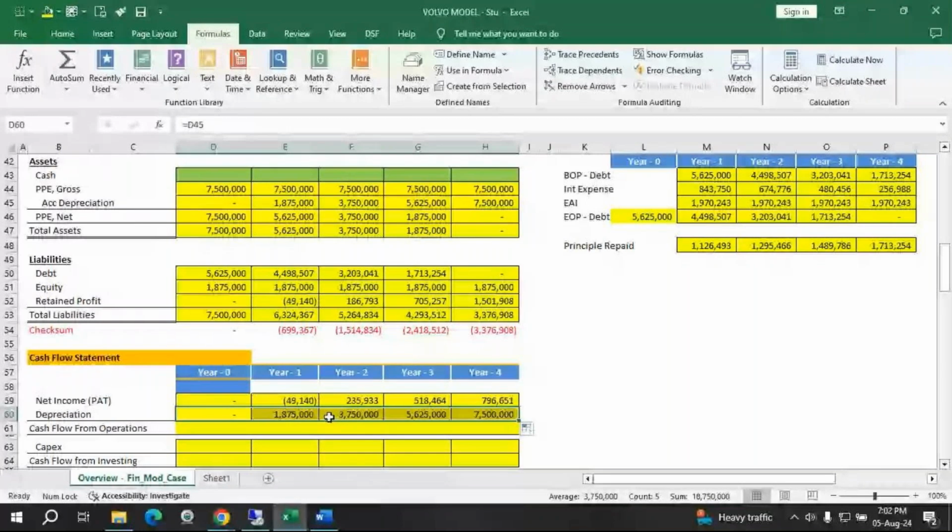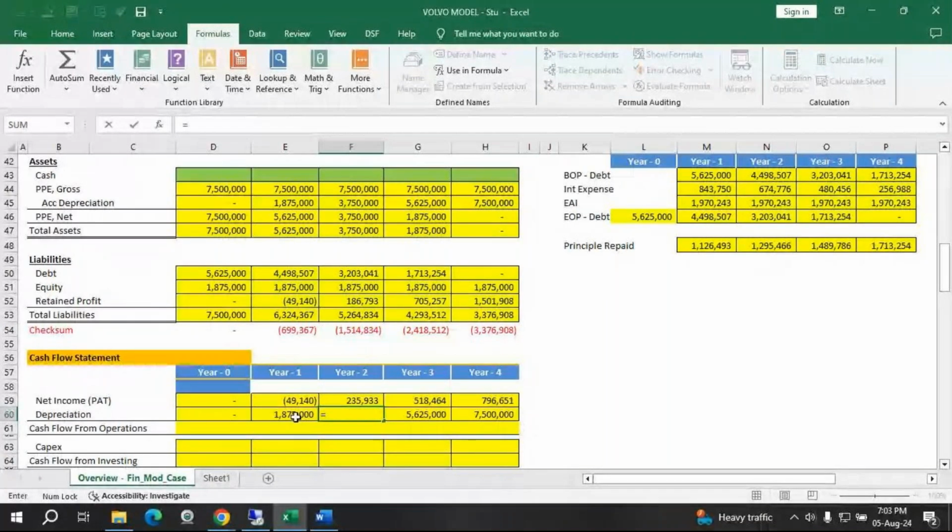Here I don't want to change the depreciation. For every year I wanted to keep the depreciation the same, so I'll take the previous year value.